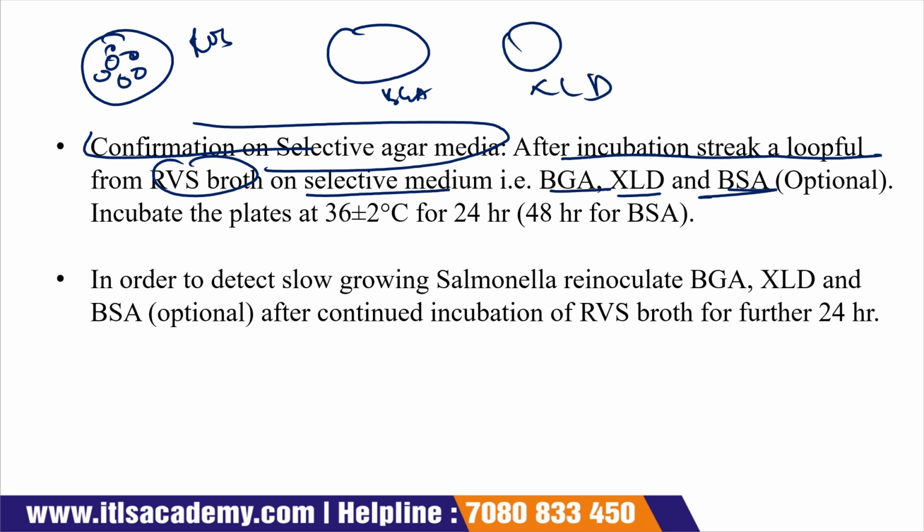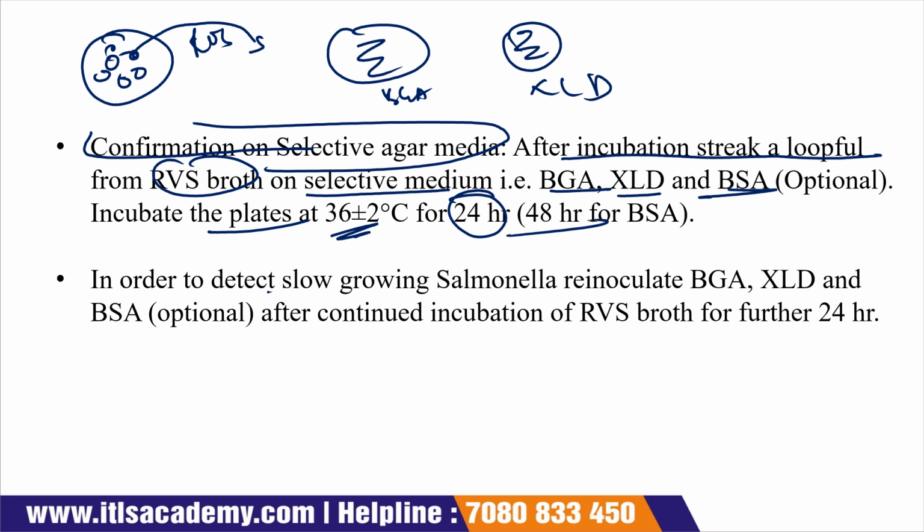Now you have to take one colony from the RVS broth and make a streak on BGA and XLD. Then after that you have to incubate that plate for 24 hours at 36 degrees Celsius. If you are using BSA, then in that case you have to incubate it for 48 hours.